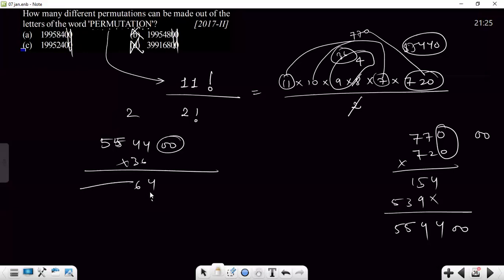Okay, we don't care about others. 3 into 4, 12. This will make 4 and this will make it an 8. Now here should be 8, not 2. B, C option is eliminated.